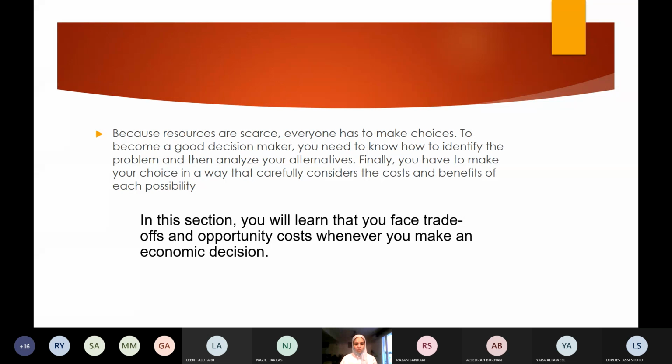So you need to know how to identify the problem and then analyze your alternatives. What does it mean? It means I have four options. I have to know which option is better for me. If I want to get one, but I cannot get it, I have to look for alternatives. So I have to make a choice in a way that carefully considers the costs and benefits of each possibility.